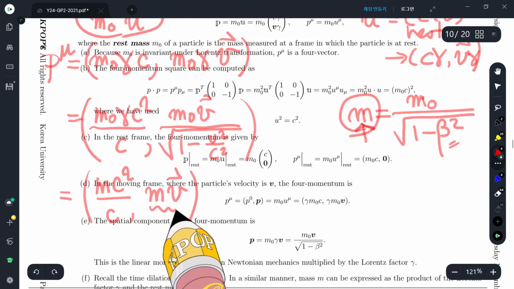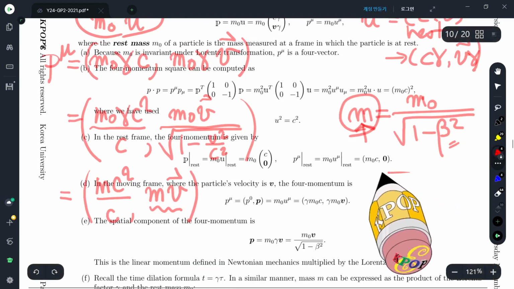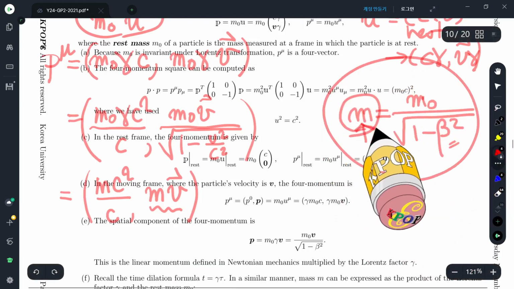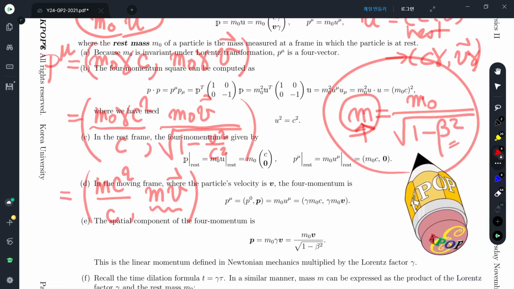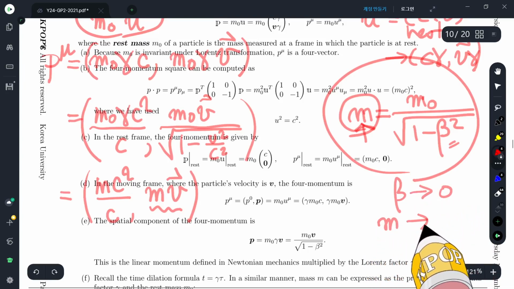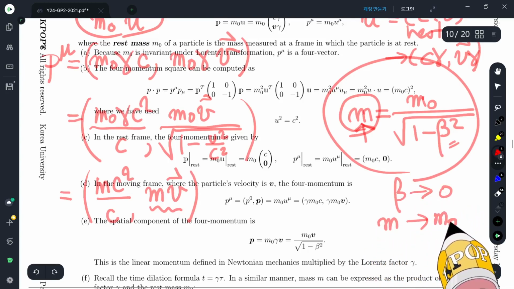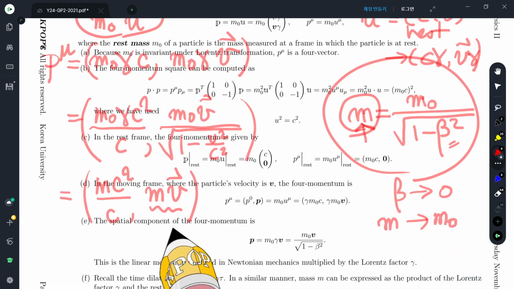It is very similar to the non-relativistic linear momentum, except that it is different because we have an additional factor. In the limit beta goes to 0, the mass reaches m0. So that reproduces the non-relativistic theory, where momentum is just rest mass multiplied by the velocity.